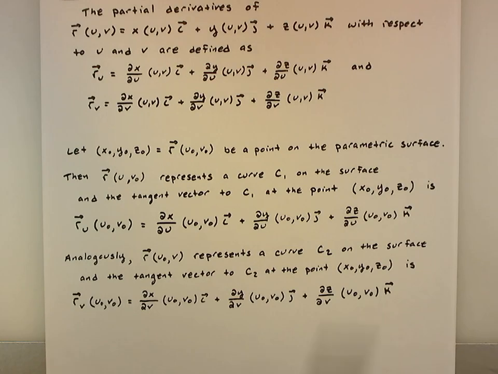Analogously, r of u naught, v represents a curve c2 on the surface, and the tangent vector to c2 at the point x naught, y naught, z naught is the following.